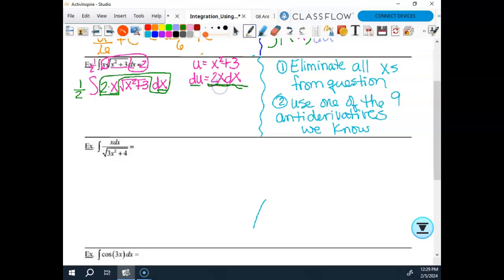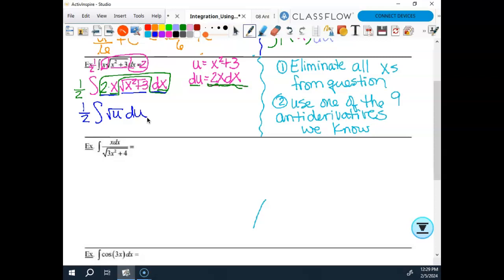There's what my du is going to be coming from. Yes? So when I do my integral, I still have this 1/2 out here times the integral of, well, I'm going to take this first, and that'll now be the square root of u. And then that's multiplied by all of this, which is actually du. Okay? Everybody okay with that?